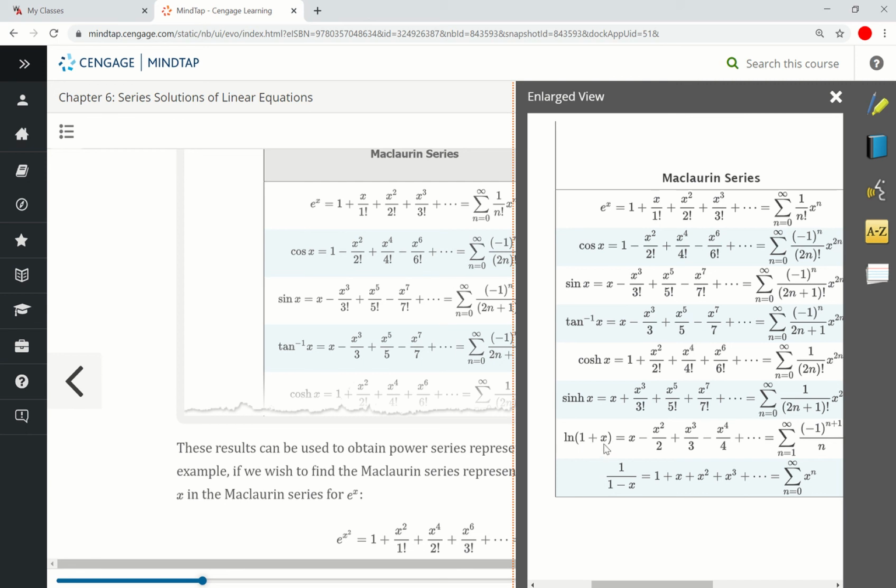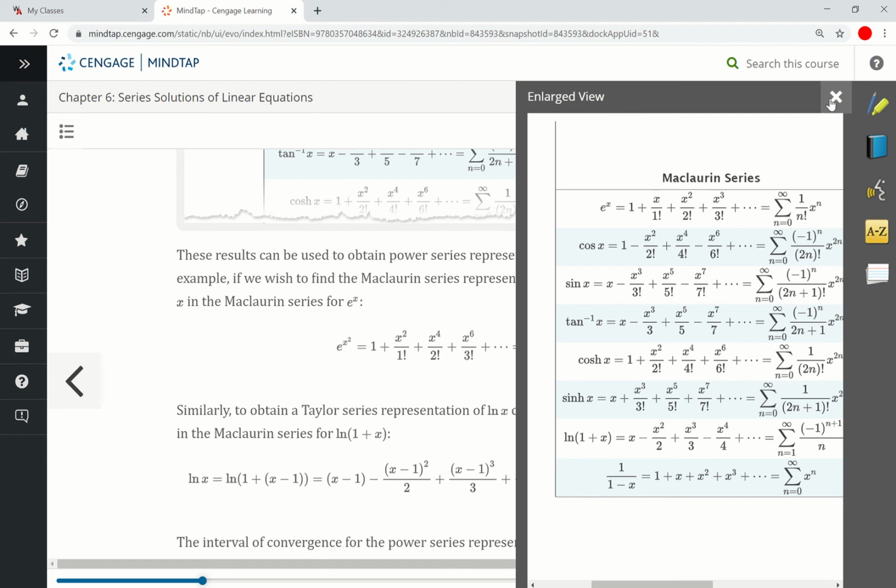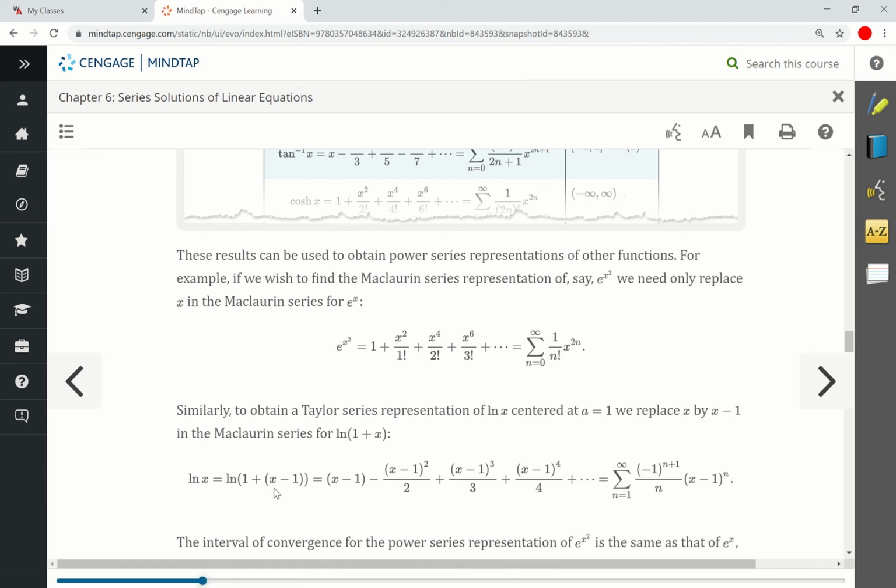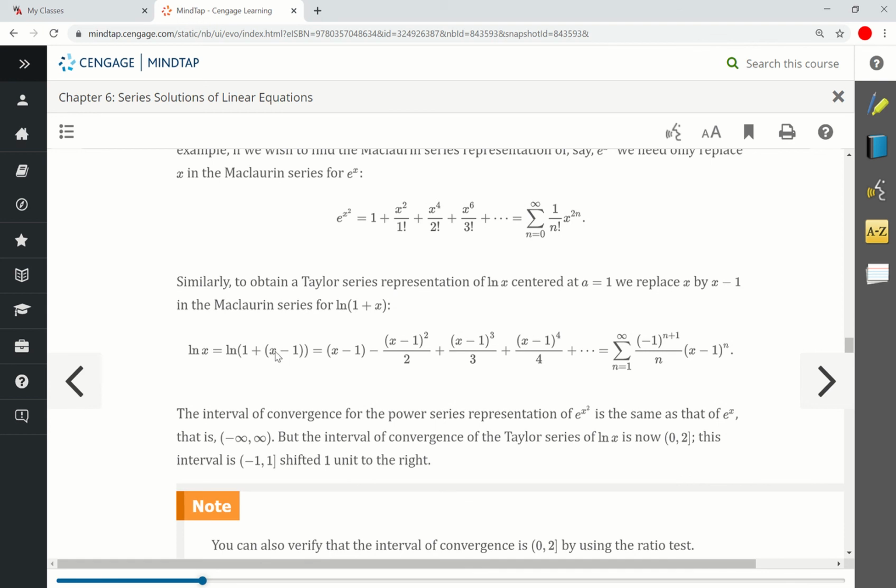So for this variable that's right here, we would like for this to be an x minus 1. And then what you see is that in that series that's written in the textbook, everywhere we see an x in the power series expansion for the ln of x, we get x minus 1 minus x minus 1 squared over 2 plus x minus 1 to the third power over 3, which is equal to negative 1 to the n plus 1 divided by n times x minus 1 to the nth power.